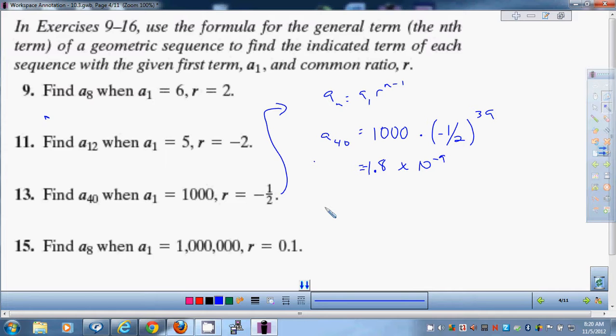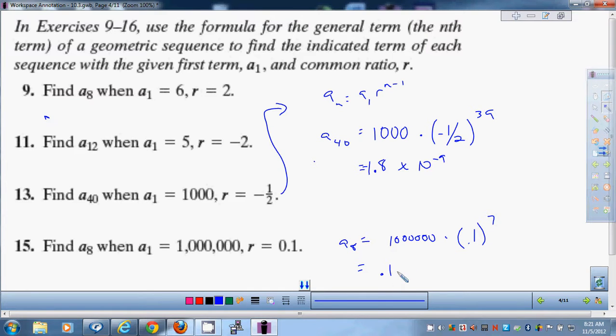Try 15 on your own. What'd someone get? 0.1.